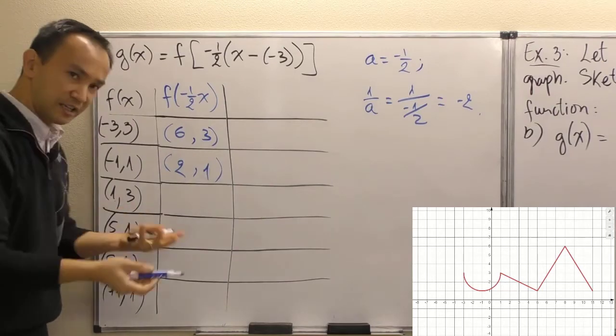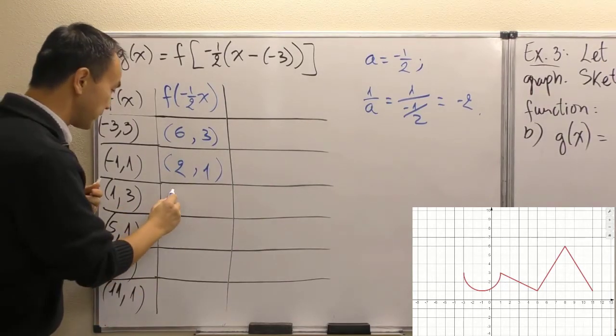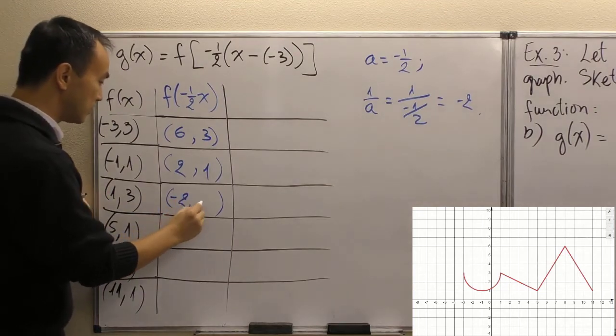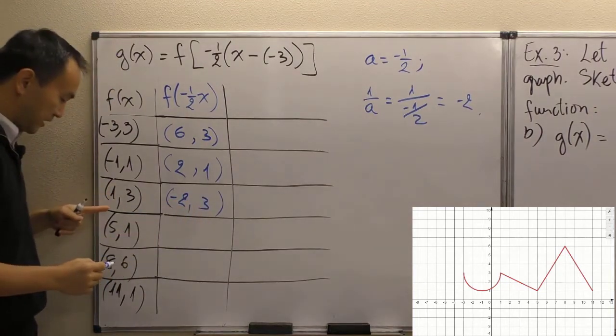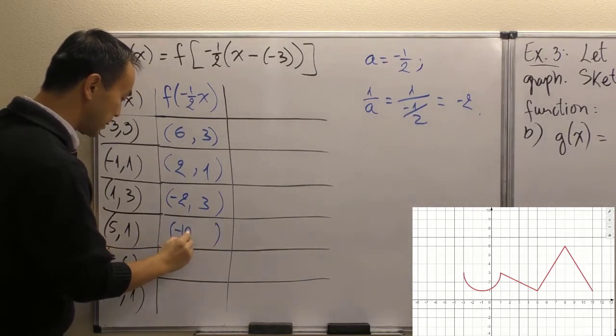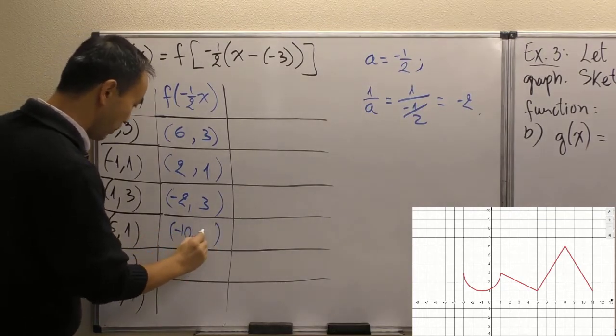Now I can pick up the pace a little. This next point, 1 comma 3, is transformed into -2 comma 3. Then 5 comma 1 is transformed into -10 comma 1.